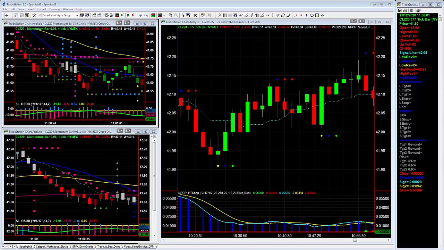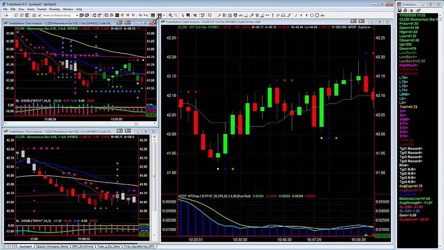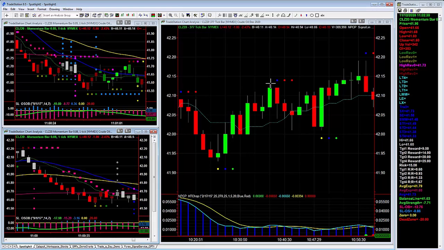So let's get started. I've got three charts here. This is what you would typically see if you log into our crude oil report session live. My chart here on the right is a typical Counterpunch Trader, Counterpunch Express 2 chart. And then on the left, I've got a couple Spotlight Master Suite charts, all crude oil. I have a 377 tick chart here for Counterpunch.